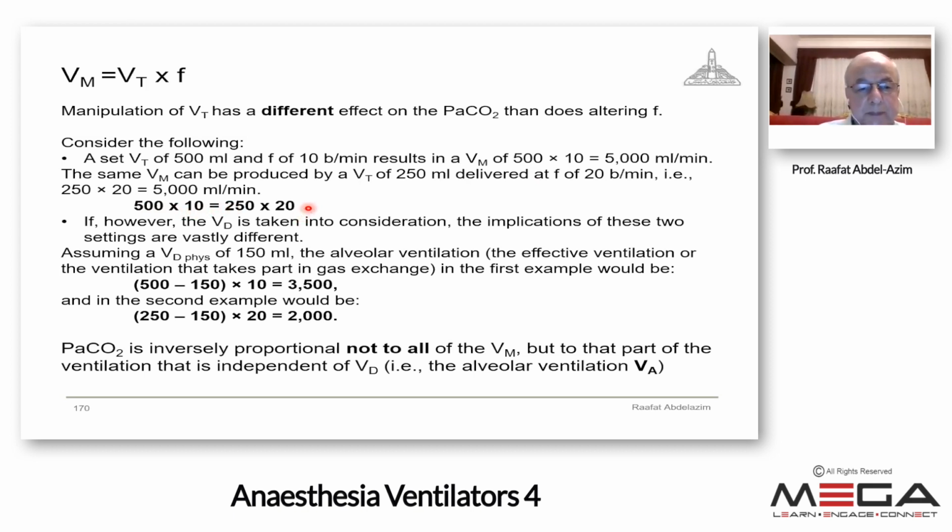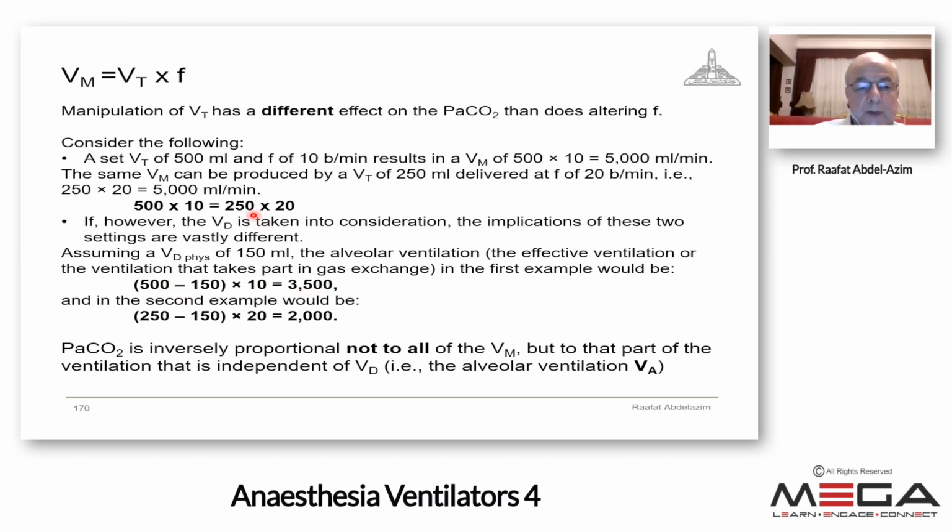It is simple. But go to more detail and subtract the dead space. Take this one, 500 minus the dead space. This means 500 minus 150. If you multiply, this will be 350 times 10, it will give 3.5 liter.